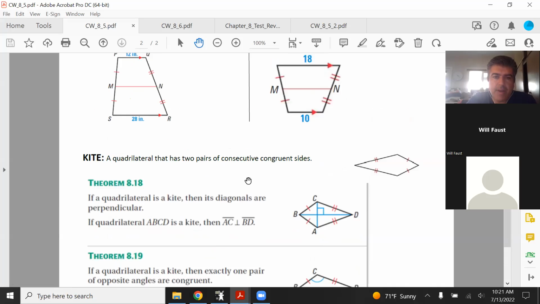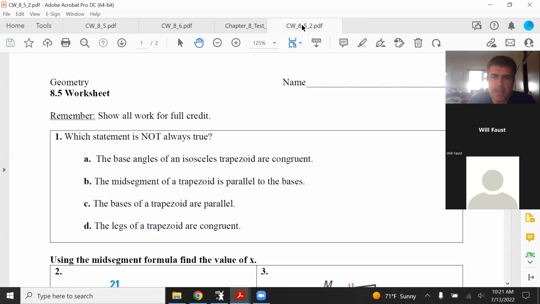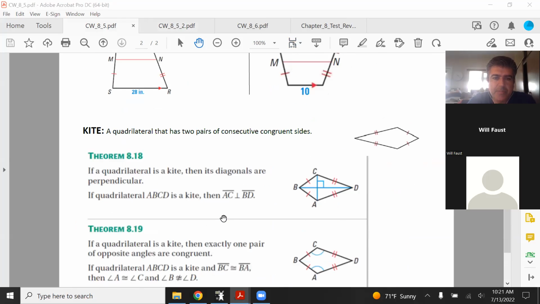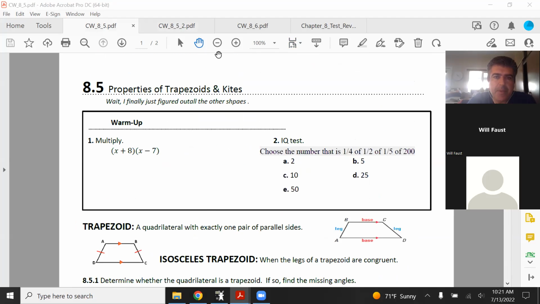Okay, so 8.5 is on 2 other shapes called trapezoids and kites. Obviously, you should know what a kite is, but we'll talk about the precise definition. I'll do a little lesson on that stuff, and then we'll go through all this stuff here. And then there'll be a worksheet you guys do in a breakout room again.